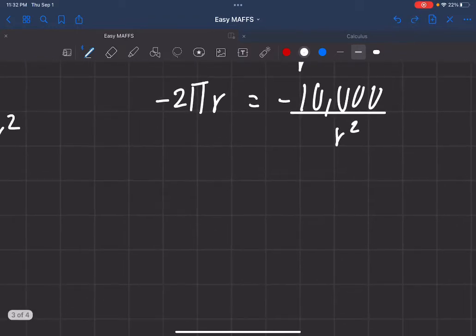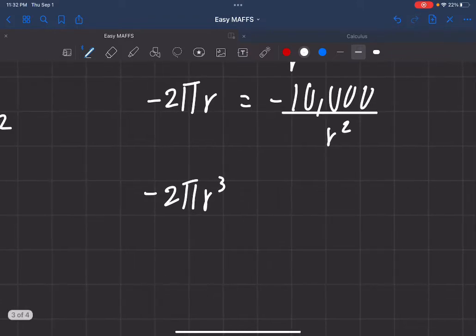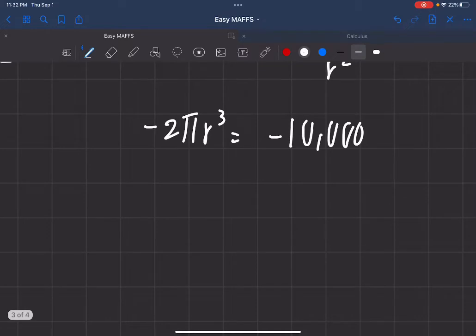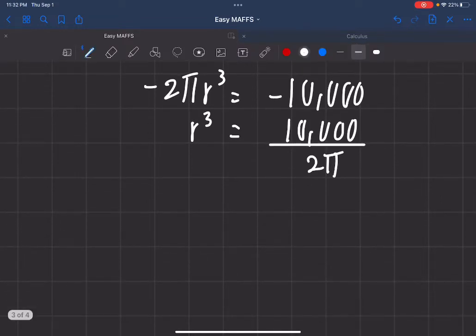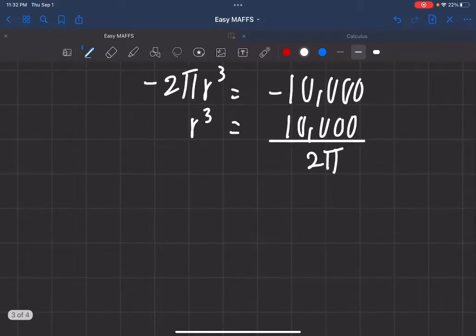So negative 2 pi r cubed is equal to negative 10,000. And now we can divide both sides by negative 2 pi to isolate for r. So r cubed is equal to negative 10,000 divided by negative 2 pi. And a negative divided by a negative, well, that's just a positive. So positive 10,000 divided by 2 pi.